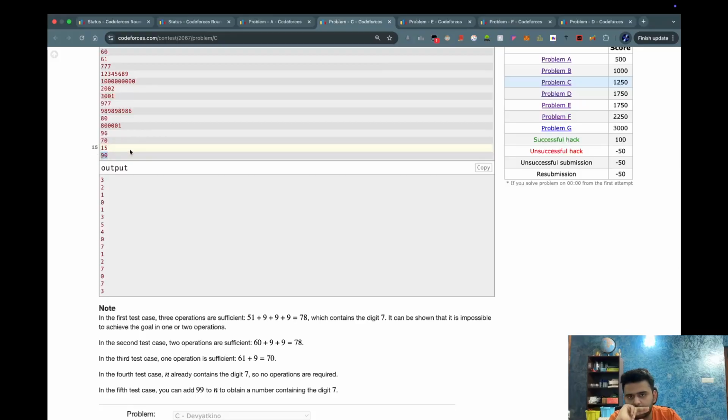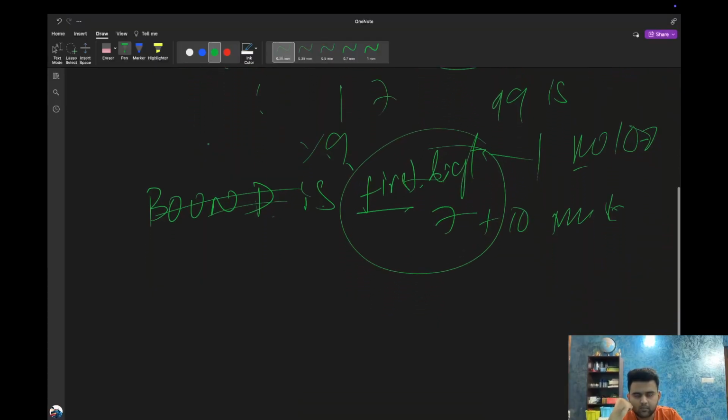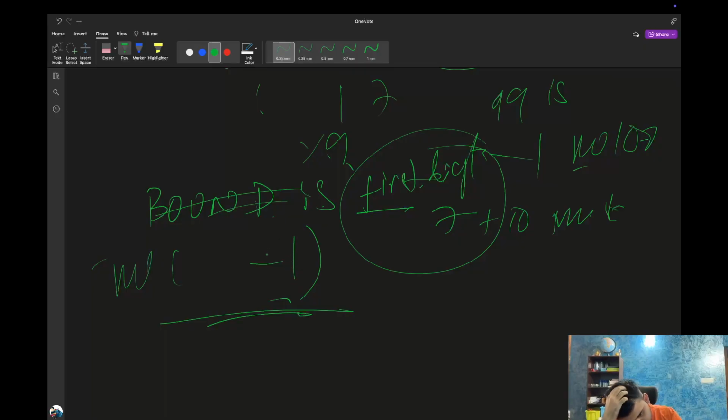Now 3 is minus 1, 3. 0 minus 7. Mod 100 is also just minus 1, and mod 1000 is also minus 1.